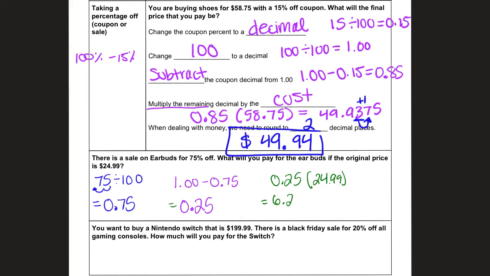It's 6.2475. And then I need to round to the second decimal place. So find my place, I look next door, 5 or bigger, I add 1 more. 7 is bigger than 5, so I add 1. So this is going to round to $6.25.